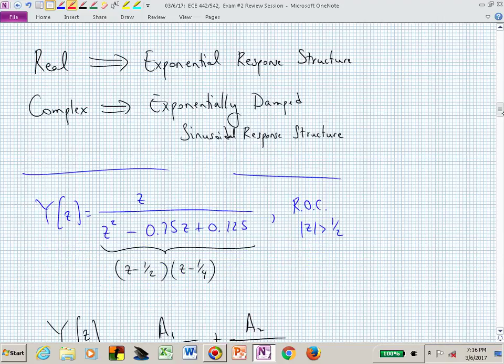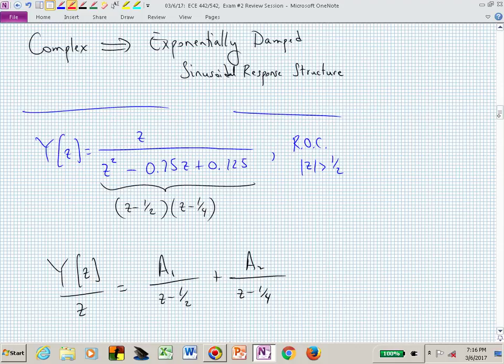If you actually did the partial fraction expansion, in order to preserve that z in the numerator, we've learned the strategy of dividing the original transform by z. So now we have Y of z over z. We find the partial fraction expansion coefficients from that, and then we multiply everything through by z to give us our capital Y of z expression.